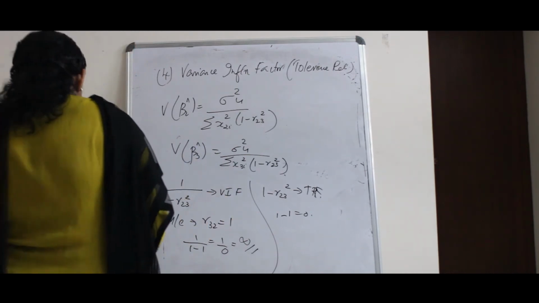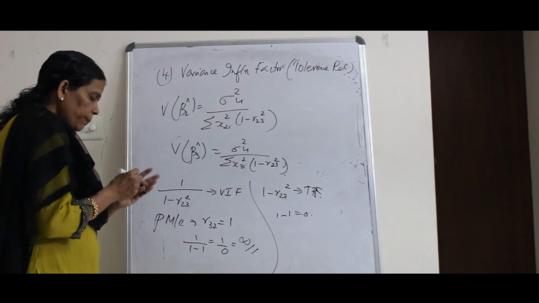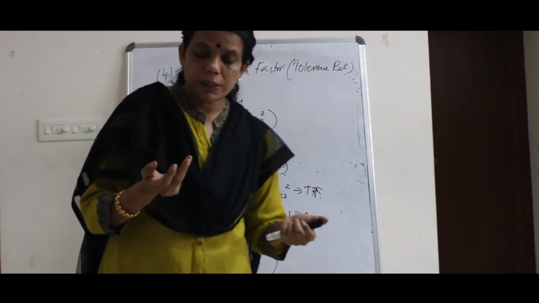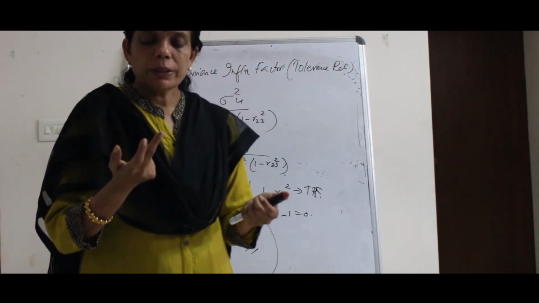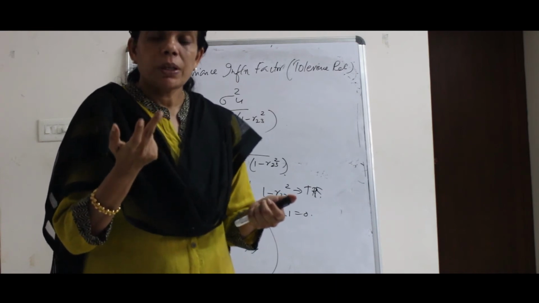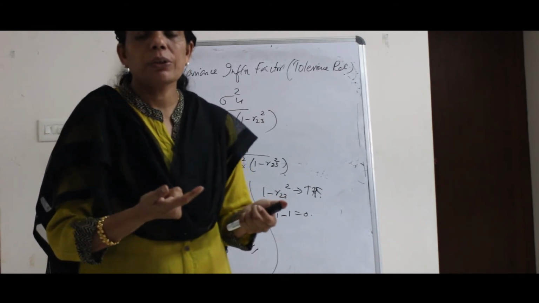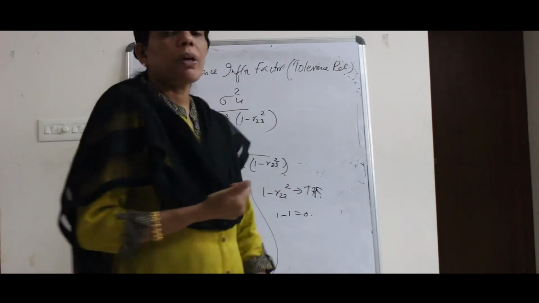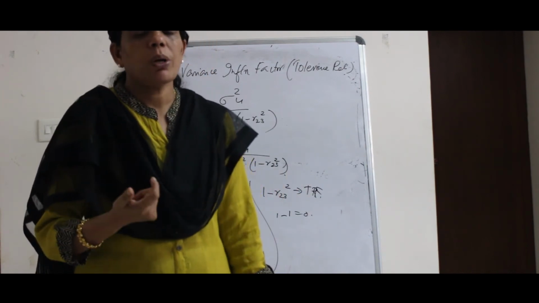So what are the different tests for multicollinearity? Frisch's confluence analysis, Farrar-Glauber test. Third one is conditional index and eigenvalue, and fourth one is your variance inflation factor and tolerance ratio.